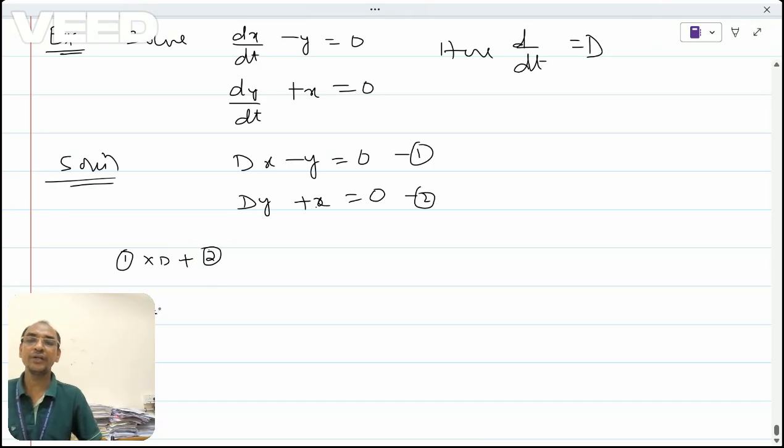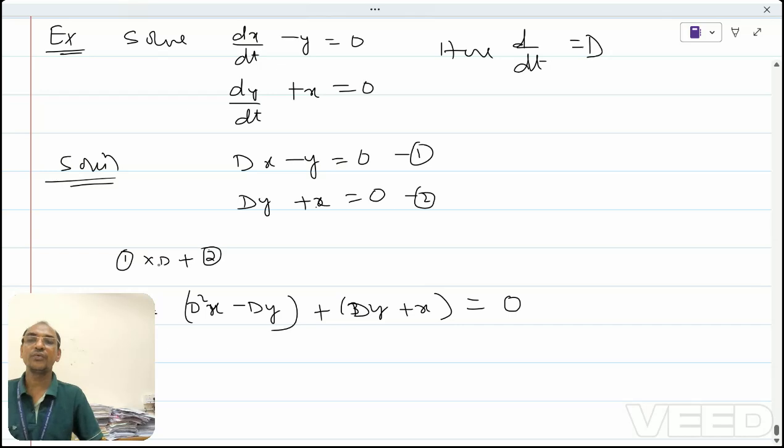So what will happen? If I multiply equation 1 by d, I will get d square x minus dy, and then plus equation 2, which is dy plus x, equal to 0 on the right hand side, because 0 into d is 0.